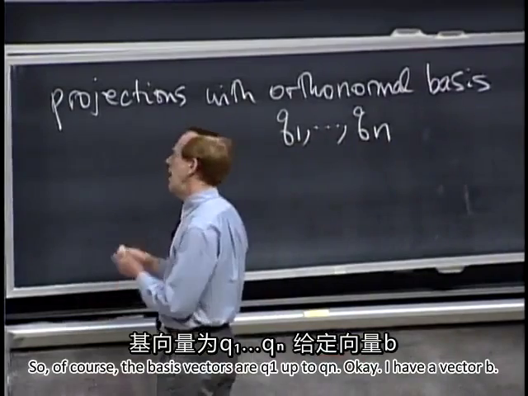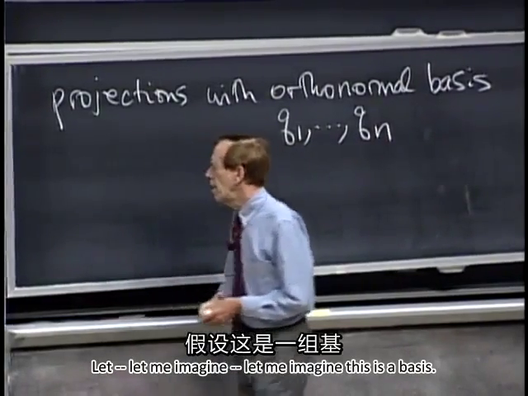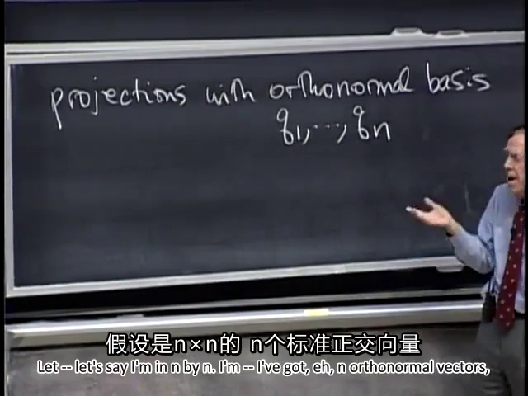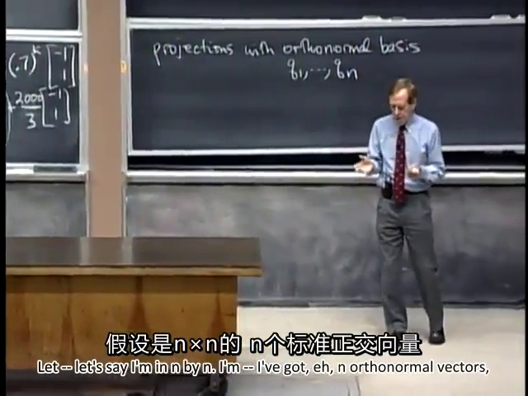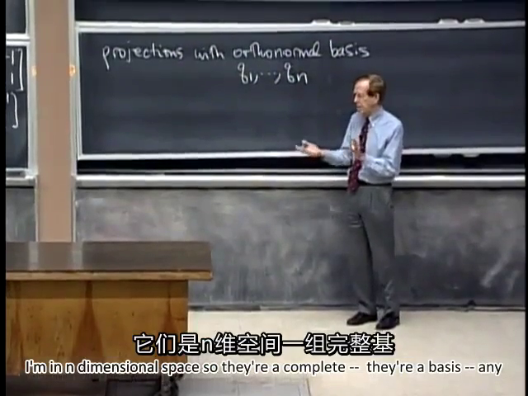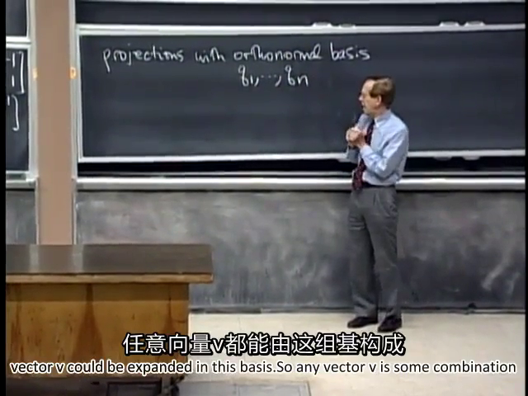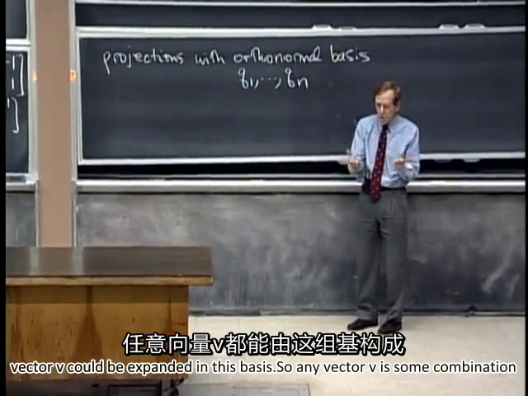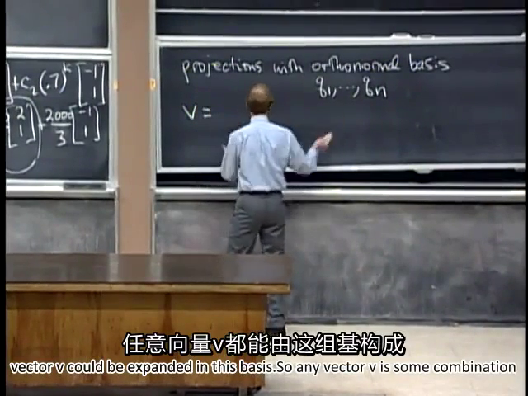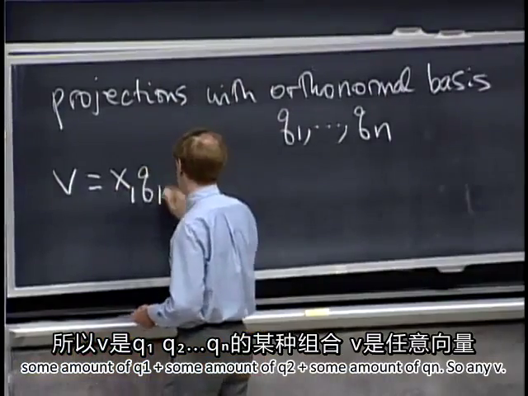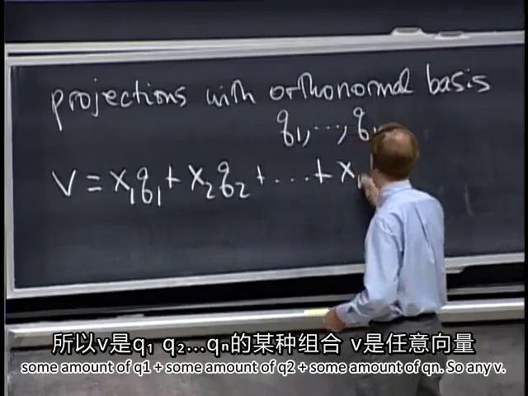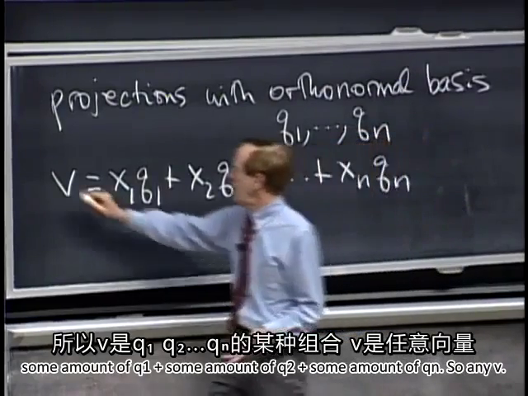I have a vector b. Let me imagine this is a basis. Let's say I'm in n by n. I've got n orthonormal vectors. I'm in n-dimensional space, so they're a basis. Any vector v could be expanded in this basis. So any vector v is some amount of q1 plus some amount of q2 plus some amount of qn. So any v.